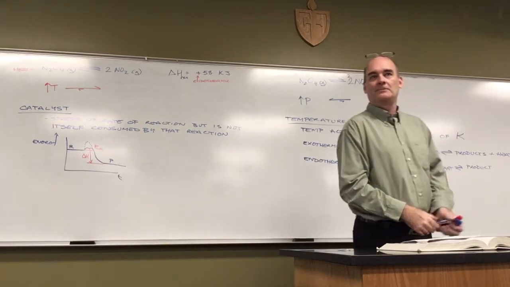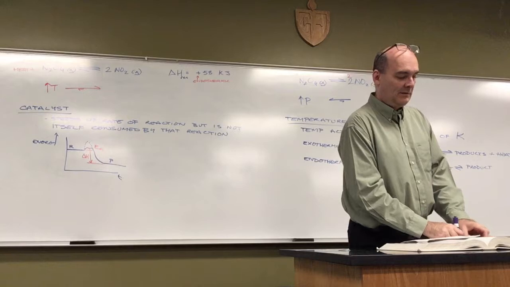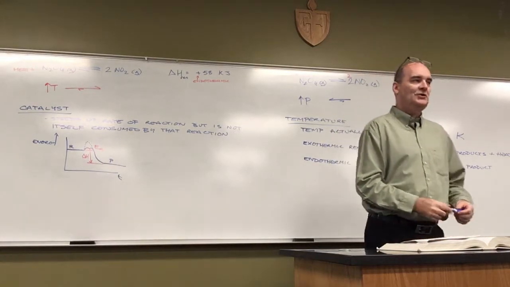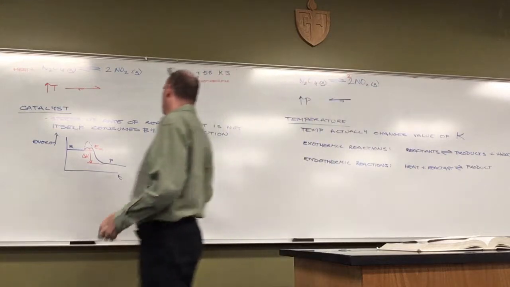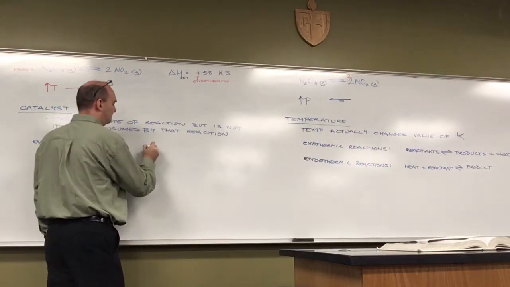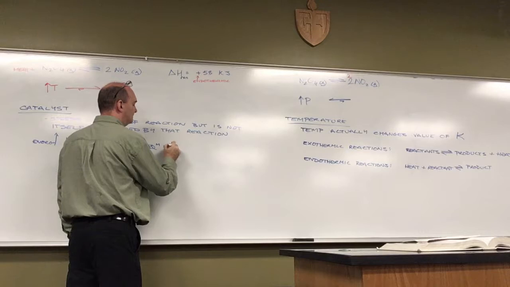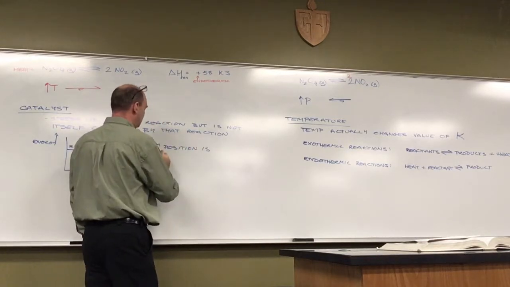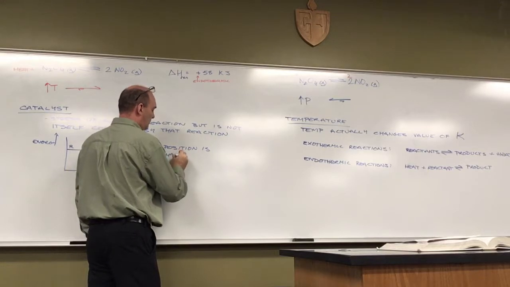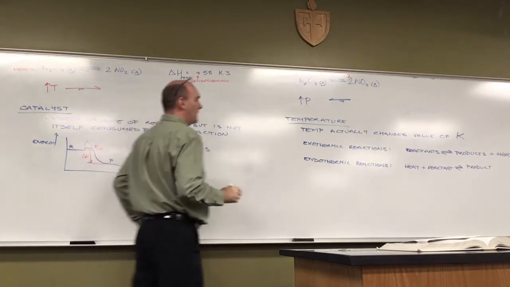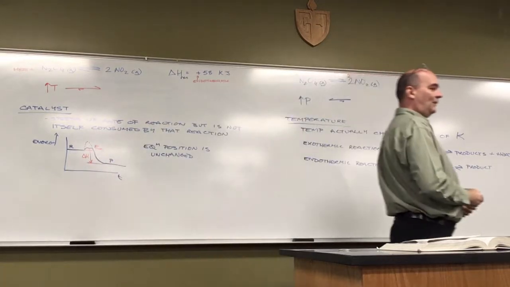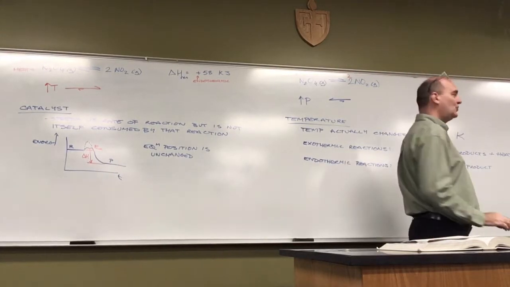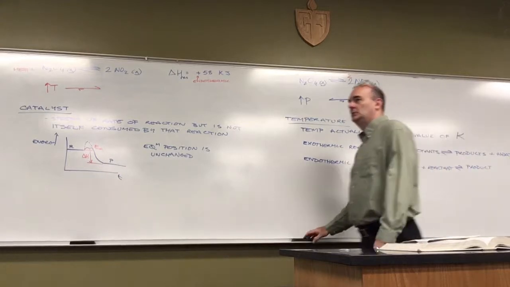Nothing at all. The reactions might go faster, but your equilibrium position is unchanged. Catalysts tend to make the reactions go faster, but they're not going to change equilibrium position.